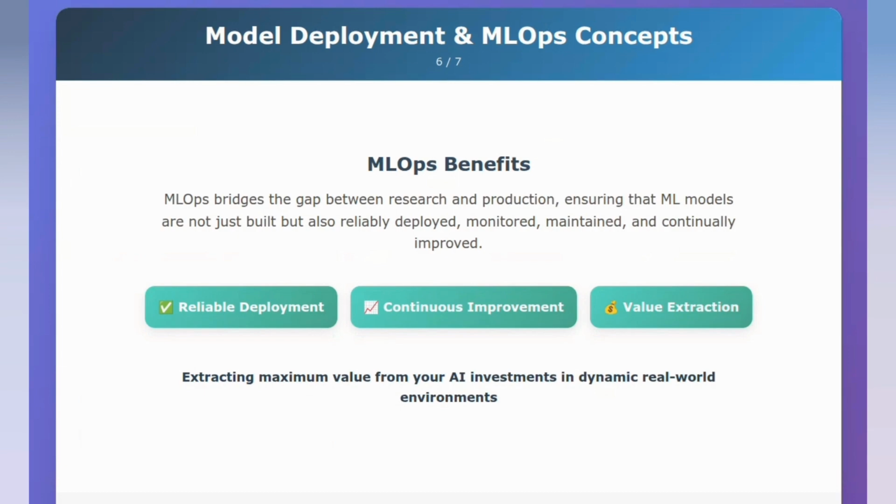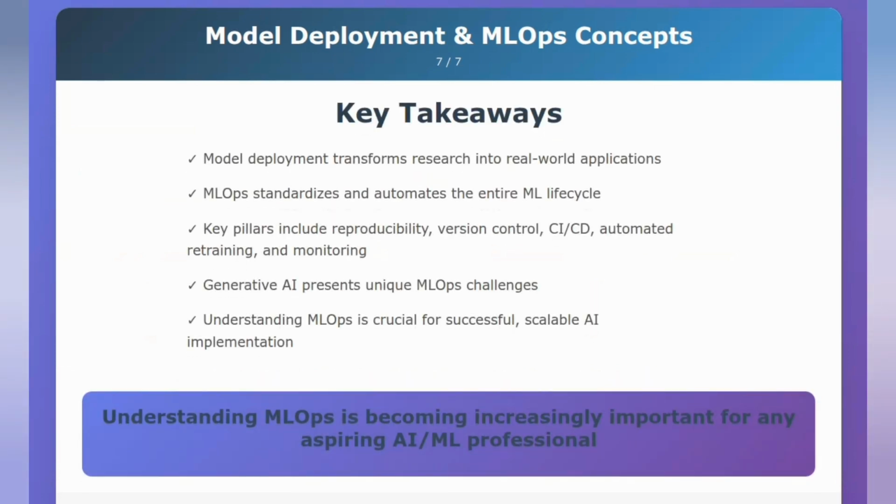It ensures that ML models are not just built, but also reliably deployed, monitored, maintained, and continually improved in dynamic real-world environments, extracting maximum value from your AI investments. Understanding MLOps is becoming increasingly important for any aspiring AI ML professional, as it's key to successful, scalable AI implementation.